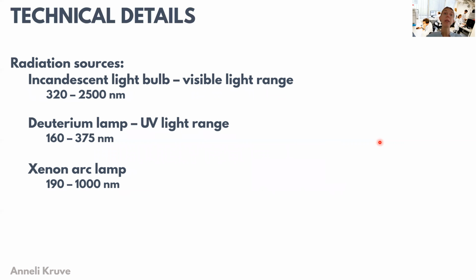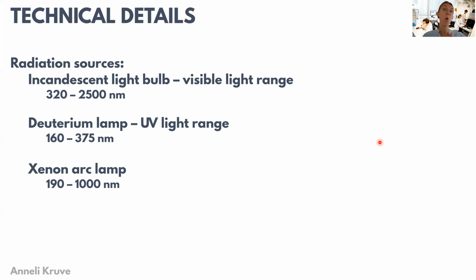And usually, classically, the instrumentation contains both of these lamps, so that the deuterium lamp is used when we want to measure in the ultraviolet region, and this classical light bulb is used when we want to measure in the visible light. And this is quite practical because when possible, we want to use the light bulb and do the measurements in the visible area.